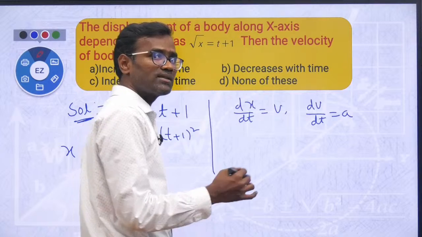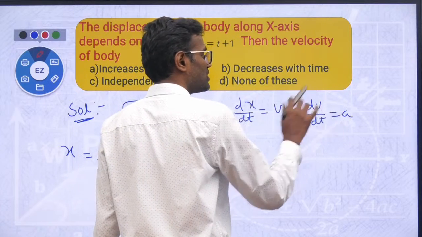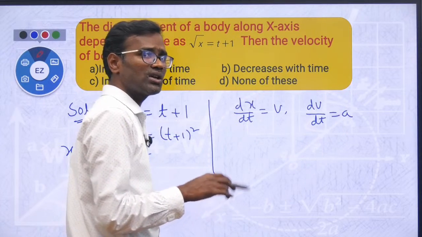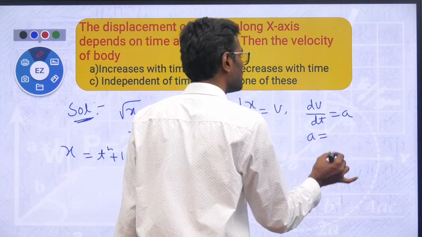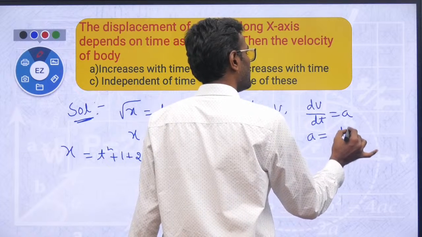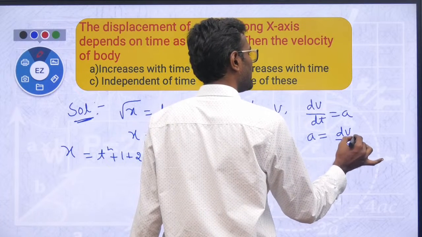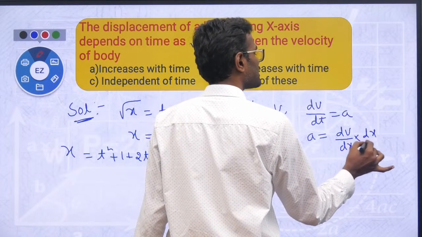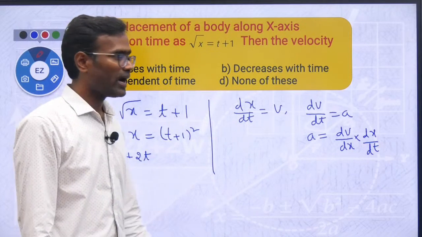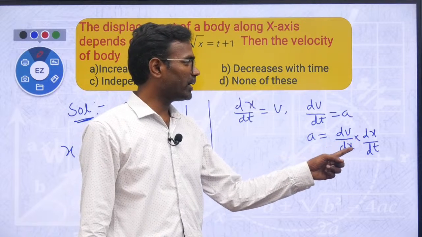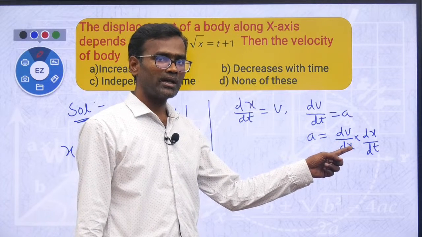If acceleration is a function of position, we can also write a is equal to dv by dx into dx by dt. I did some modification: I multiplied and divided with dx.